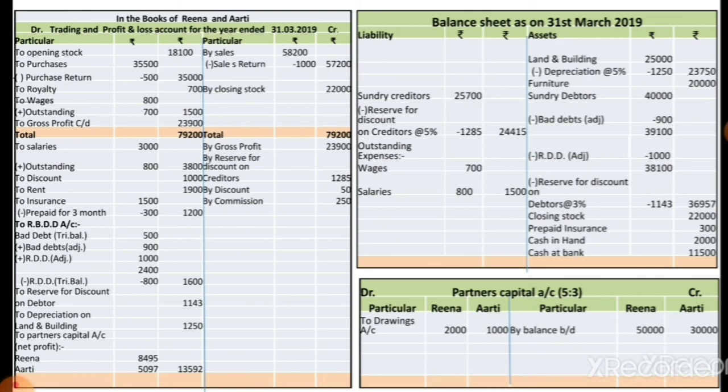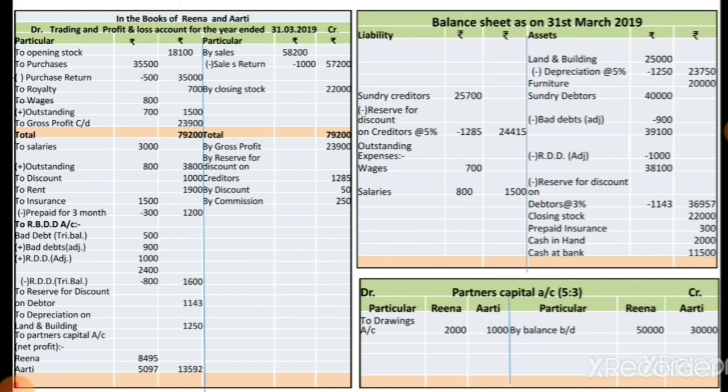How is it to be distributed? First, Reena's net profit: 13,592 into 5 divided by 8. So we get the amount of rupees 8,495. And how do we calculate Aarti's net profit amount? 13,592 into 3 divided by 8.